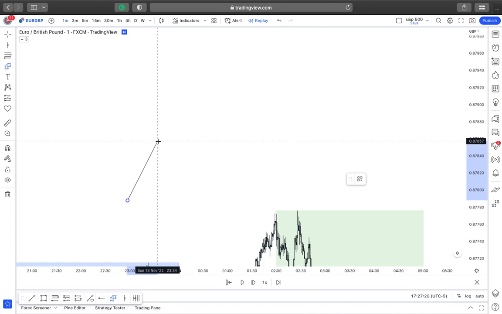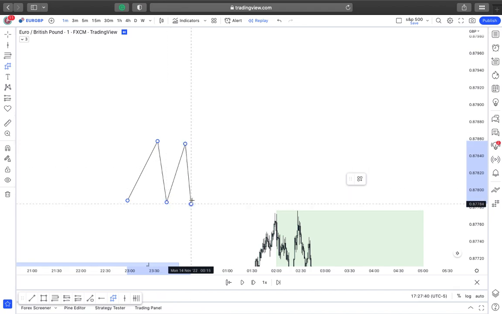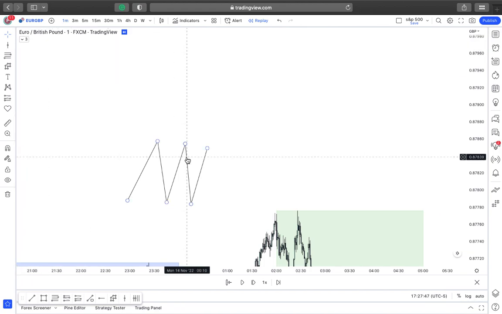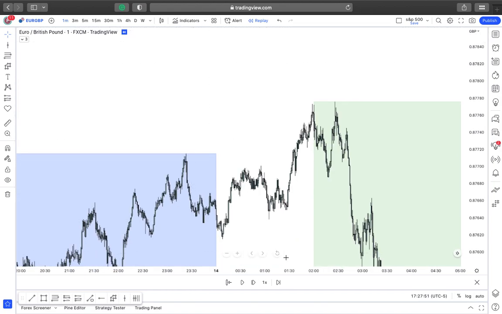So if you have Asian ranges bigger, like more than 50 pips or 40 pips, then you need to change your pair or don't trade that particular pair on that day. What happens on Euro GBP is the Asian ranges are way too small, so you have more potential to get entries on Euro GBP. That is why I have added it in my watch list.